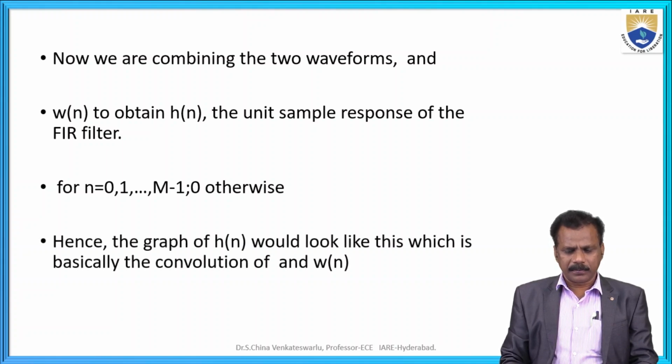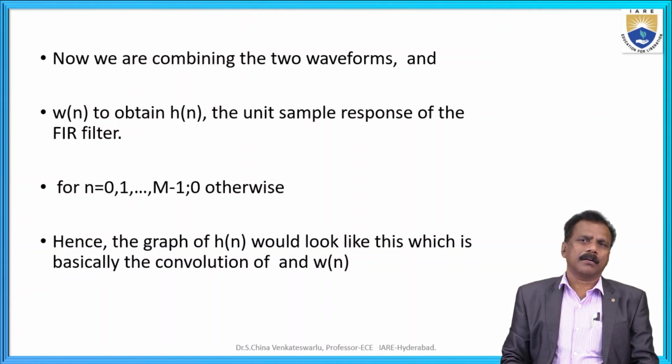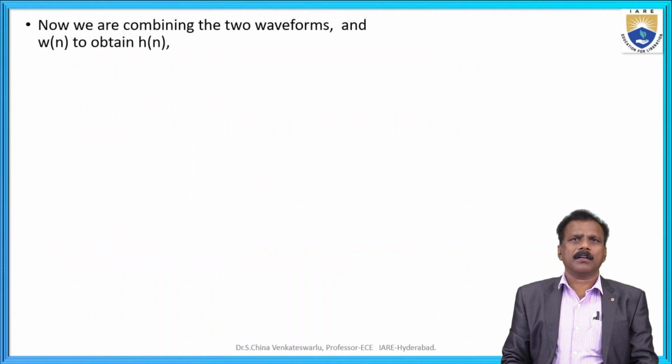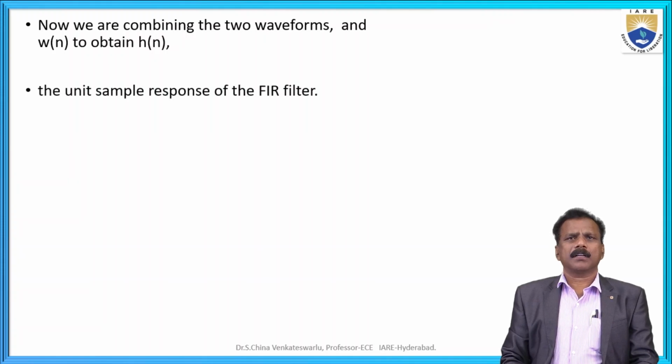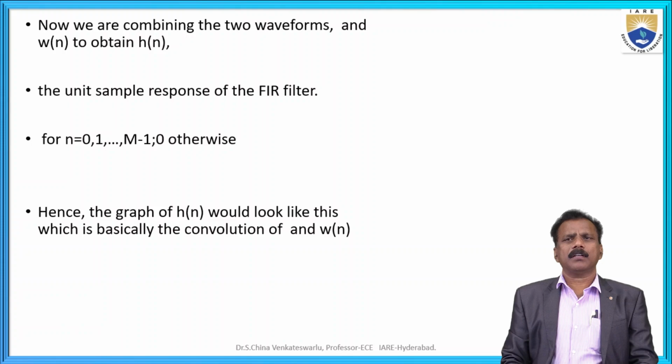Okay, like this. Hence, this graph of h of n would look like this, which is basically the convolution of the desired response and w of n. So with this, we are combining the two waveforms and w of n and obtain h of n, the unit sample response of the finite impulse response filter for n equal to 0, 1, 2, 3 and so on.